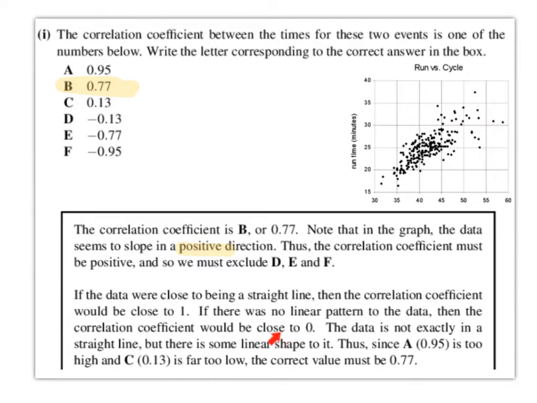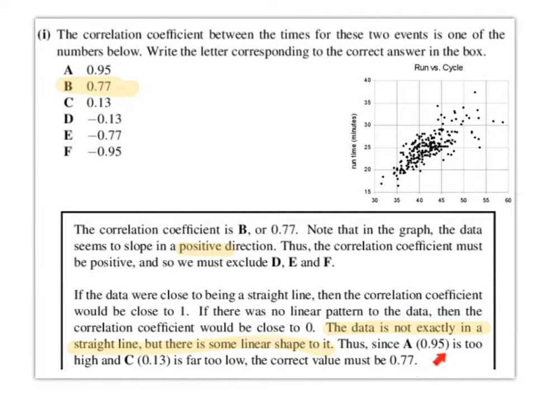If there is no linear pattern to the data, then the correlation coefficient would be close to 0. So if we could barely see a line fitting in, we would say it might be 0.1, 0.2, 0.3, and so on. The data is not exactly in a straight line, but there is some linear shape to it.